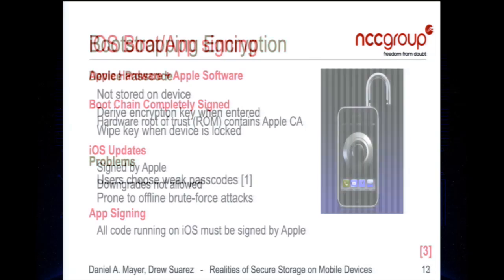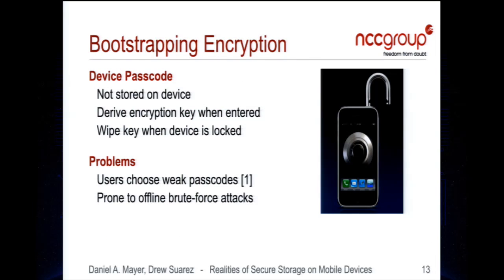Now, if you move over to encryption, if you think about encrypting something, you have to have something which is not stored on the device. If you were to simply encrypt data on the device and you have a key, you need to put the key somewhere. And if you store the key on the device, then we're basically back where we started with our problem. So the way this works on most devices and most systems is that you derive a key from a passcode.